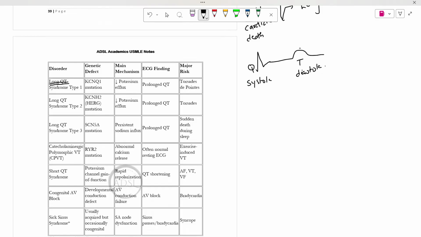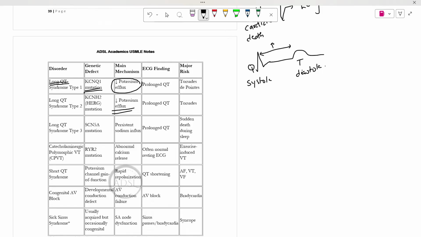This is the time when the potassium channels are very active. There is a mutation in these potassium channels, and that is why there is decreased potassium efflux, and as the name suggests, the QT interval will be increased in these people.